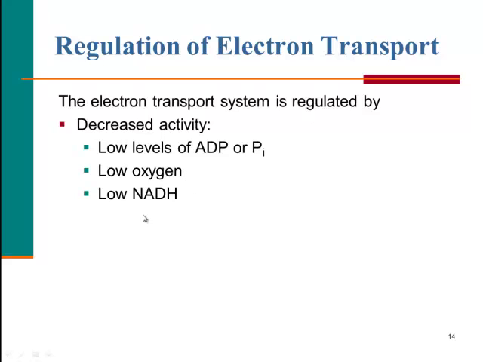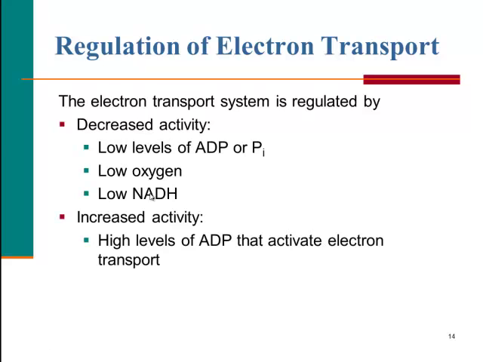And remember that NADH is where the high energy electrons are coming from to begin with. If any of these components are low within the cell, then the electron transport chain will have a decreased amount of activity. However, if there are high levels of ADP, that indicates an energy deficiency in the cell.